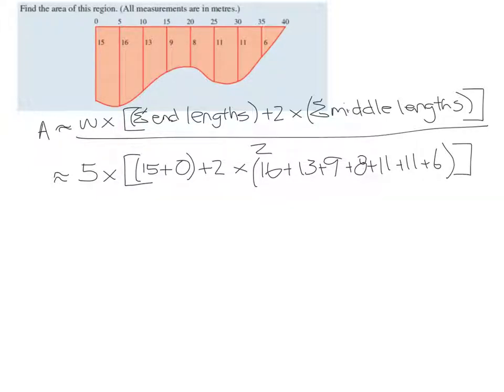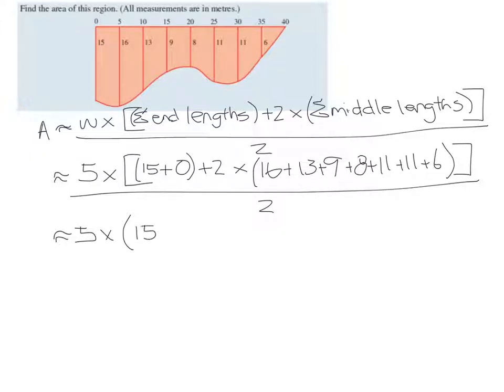Okay, close our square bracket and then put it all over 2. Next, I'm going to calculate basically my brackets. So I'm still going to have 5 times, and then I'll take the square brackets away and just go back to my normal brackets because I'm going to get rid of the ones inside.